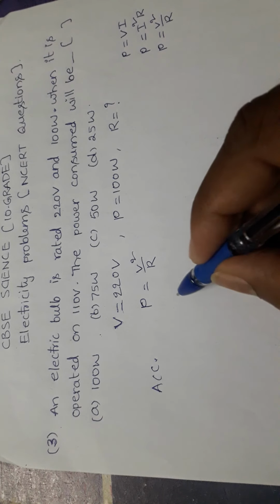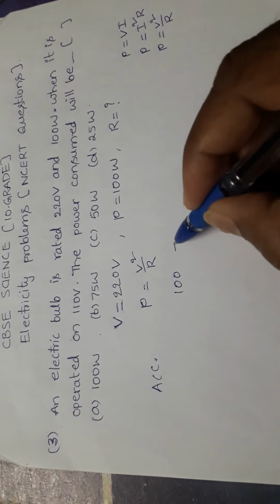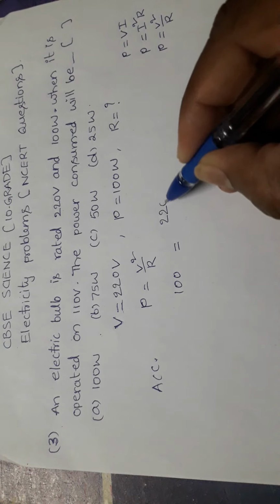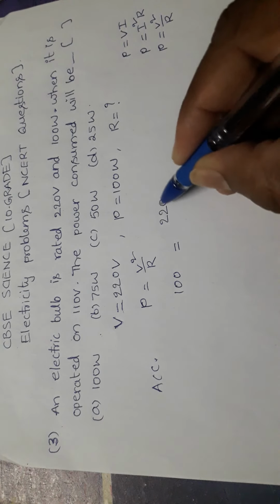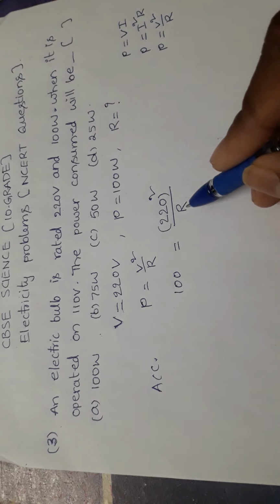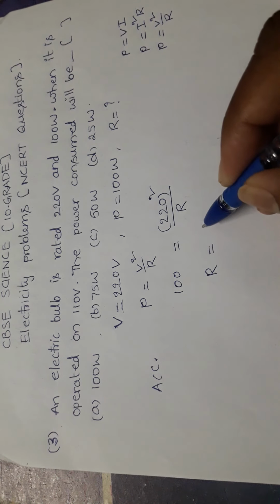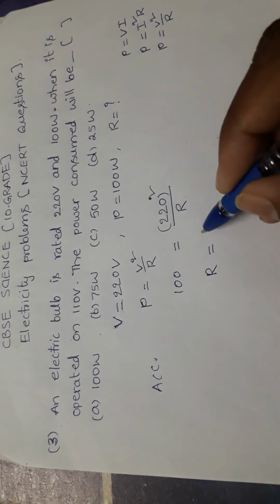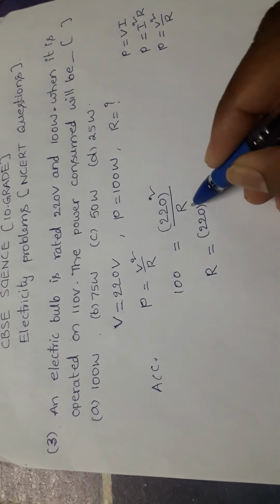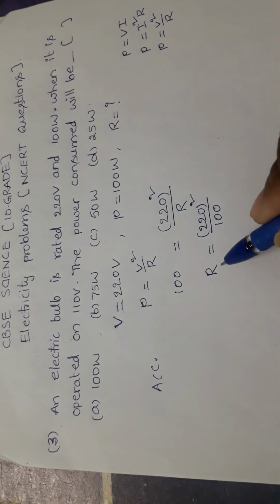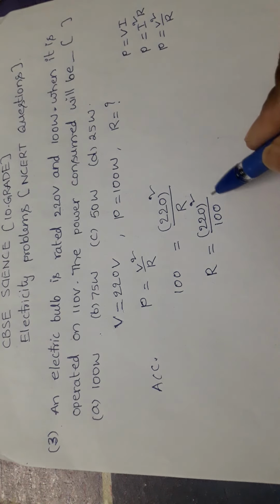So P means 100 is equal to V square, I mean V is equal to 220, so 220 whole square by R. R you will find out. So R is shifted here and 100 is shifted here. So R is equal to 220 whole square by 100.